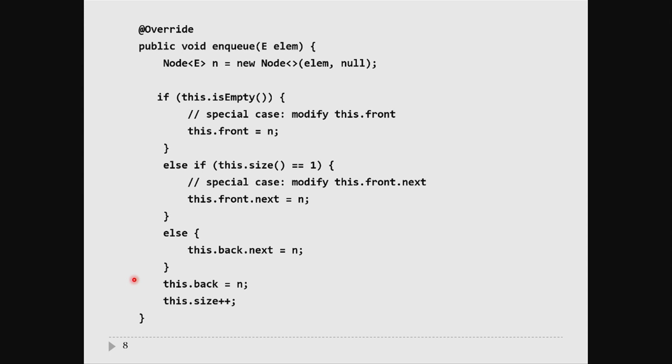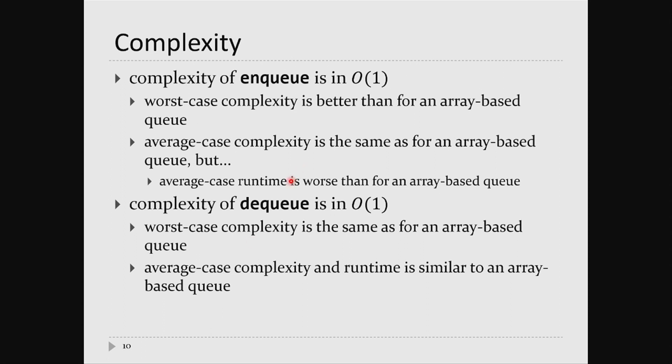Because in an array-based queue, you're just setting an array element and changing the back field and the size. So average case runtime is actually worse. Runtime, that's not complexity. So that's runtime. Complexity is still the same. But if you actually time this thing with a stopwatch, your node-based queue is slightly slower.